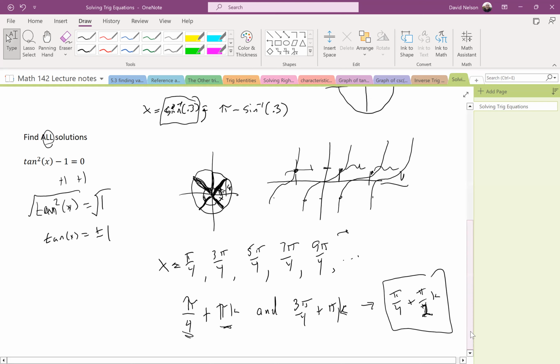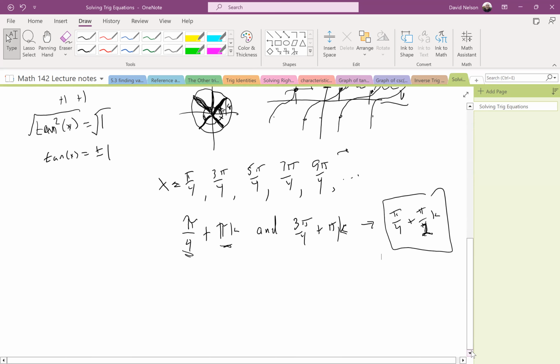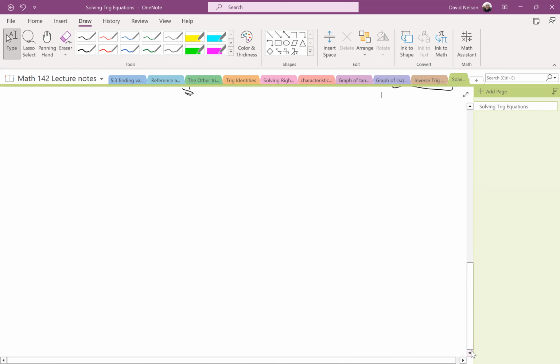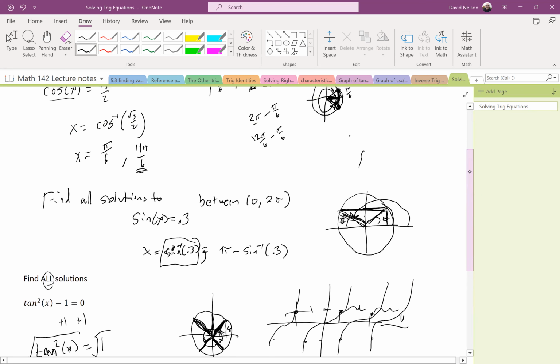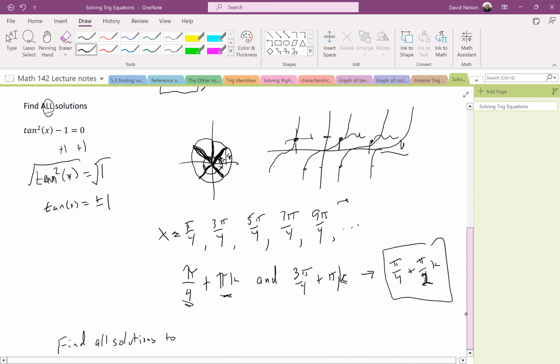So how about another one like that? We'll do another one. Let's find all solutions to... have I done a cosine yet, or have I just done sine? I did cosine up there. Let's do a sine one.